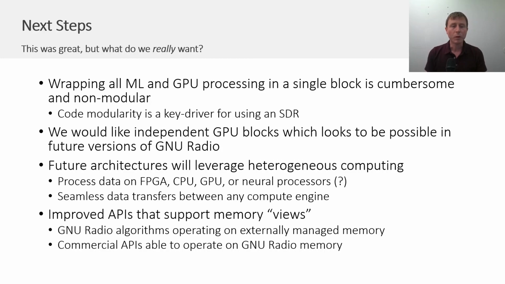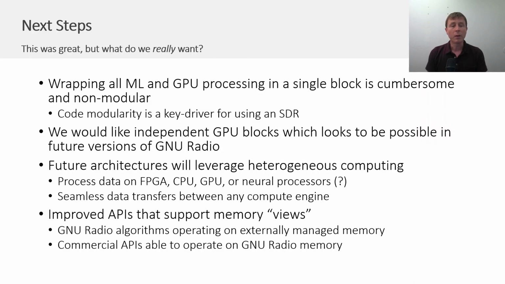So in an ideal world, we would want independent GPU blocks or independent machine learning blocks that can process each one of these steps. And it looks like that might actually be possible in future versions of GNU Radio where they're going to handle GPU buffers. So future architectures, we believe, are going to contain heterogeneous compute. So we need to be able to move data easily between FPGAs, CPUs, GPUs, and maybe even neural processors when they become mainstream.